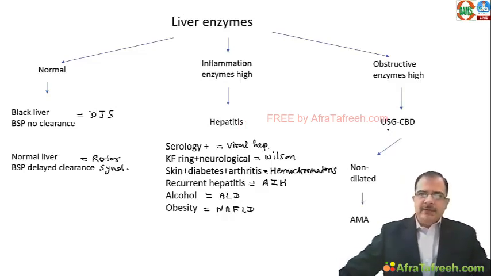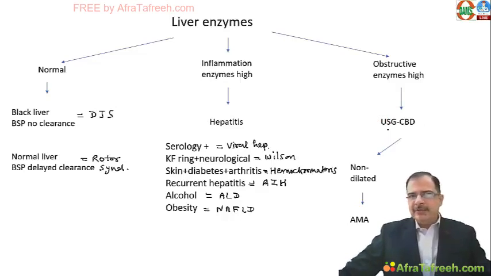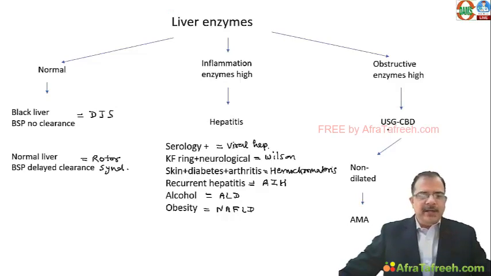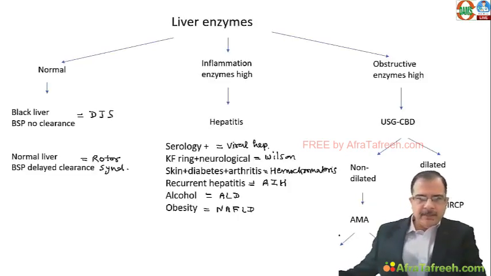So it can be a case of primary biliary cirrhosis or primary sclerosing cholangitis. So go for the anti-mitochondrial antibody, a very important antibody test that we will be doing. If it is positive, it is primary biliary cirrhosis.